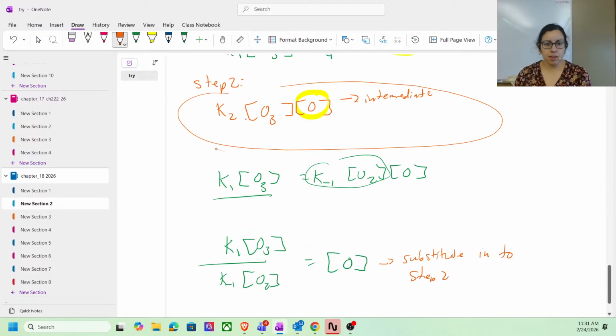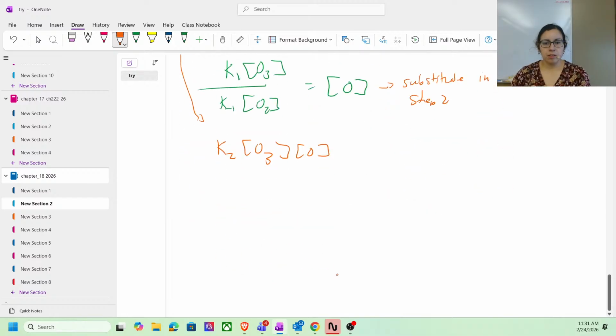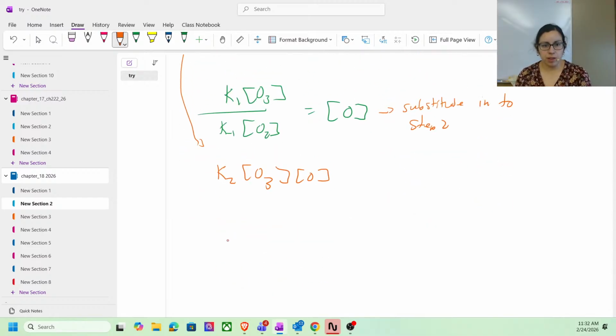So taking this, I'll just rewrite it for a second so it's clear. So now substitute all this in. Now we're given, and again, all these K's will just make our new K. And so now we have ozone times O2 minus, and I just rewrote it like that since it's divided, right?